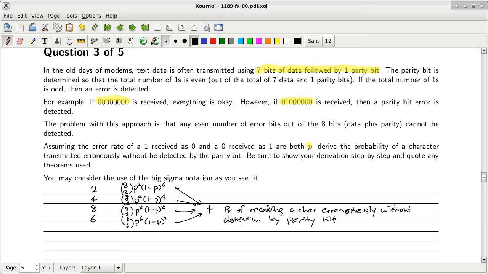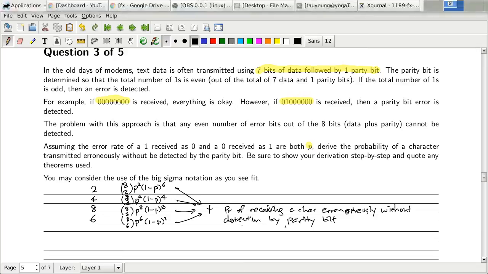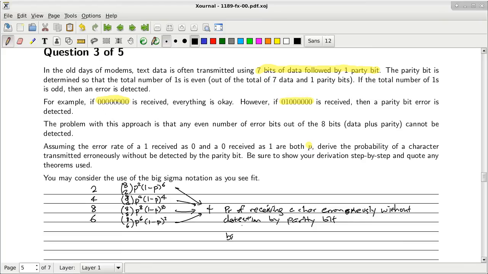And this is based on the binomial distribution. The binomial distribution is what we used here.